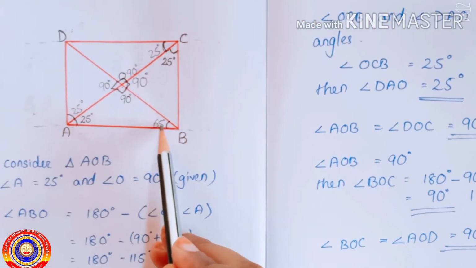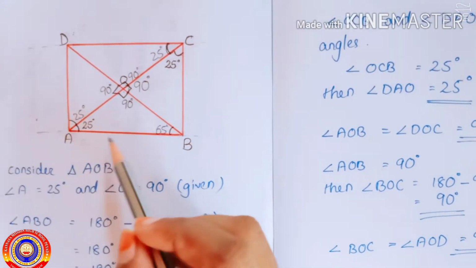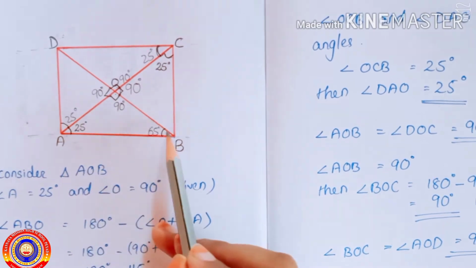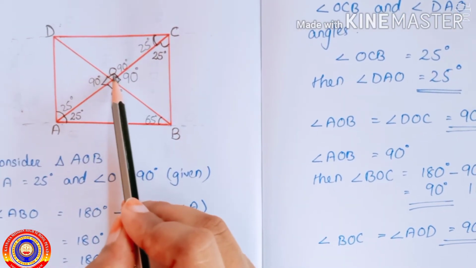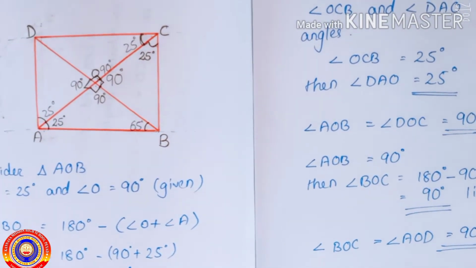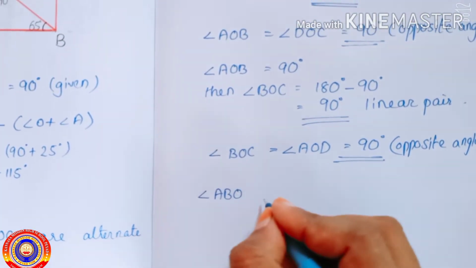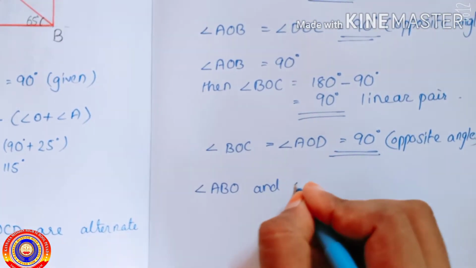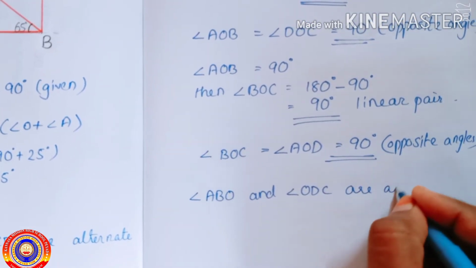Now, there is another pair of alternate angles in this figure. That is angle ABO and angle ODC. Angle ABO and angle ODC are alternate angles.